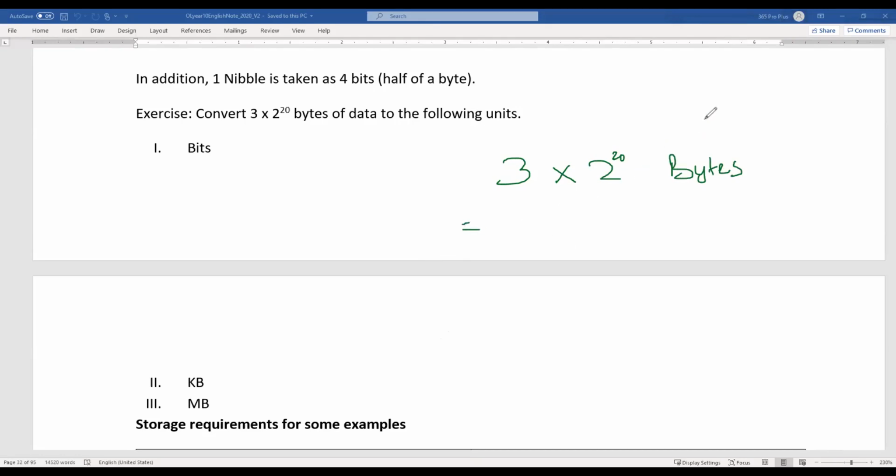We know 1024 bytes equals 1 kilobyte. So what is 1 byte then? Yes, you have to divide both sides by 1024, isn't it?